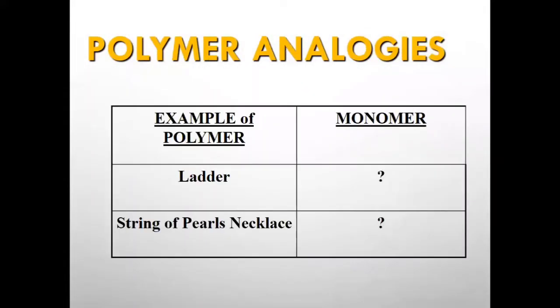So, let us have these polymer analogies. Example polymer is ladder and string of pearls necklace. So ano yung monomer? Kung ang polymer is made up of many monomer, ano yung monomer dito sa example po natin? Ladder and string of pearls necklace.